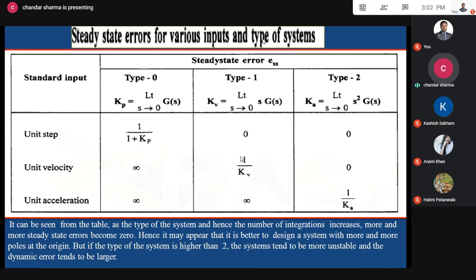And because of the increase of order of system, the stability margin of system reduces. As we increase the number of poles, the stability margin reduces. So in other words, improvement of steady state error is at the cost of reduction in stability margin of the system. So this is the conclusion of this table.